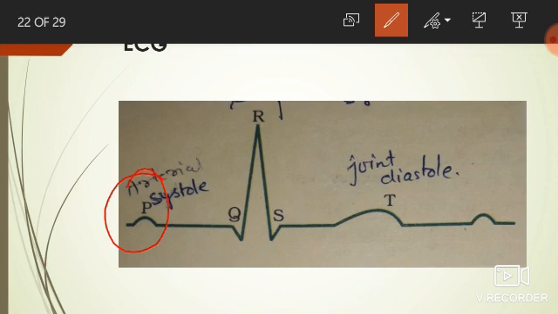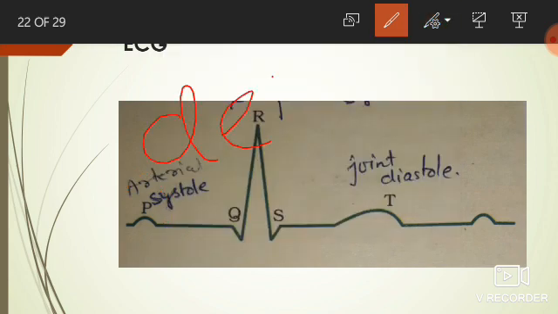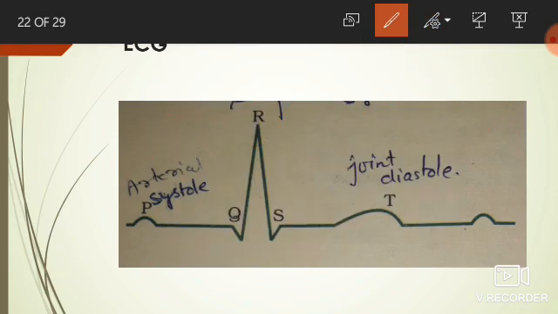When both the auricles get contracted in the cardiac cycle, that condition is represented by P wave, and it is named as electrical excitation of the atria or depolarization of the atria.